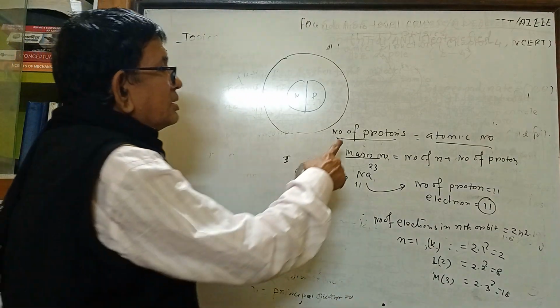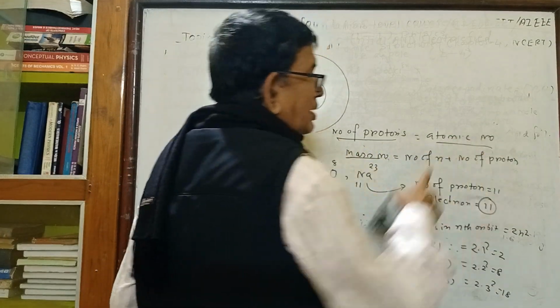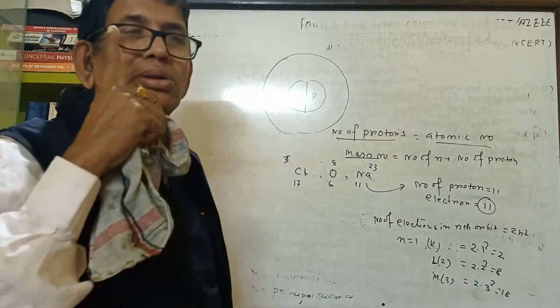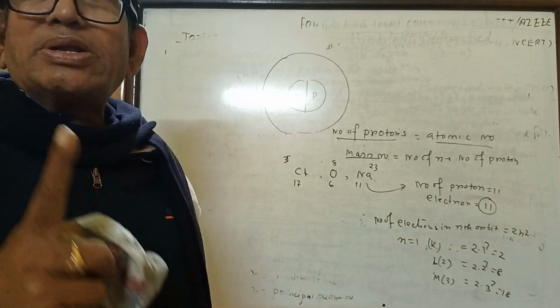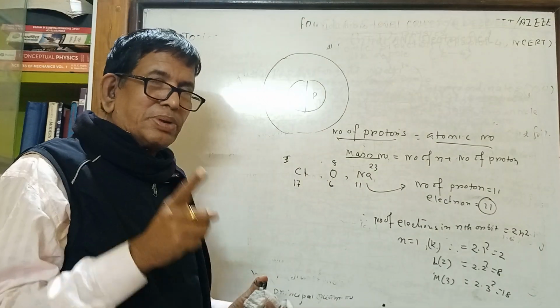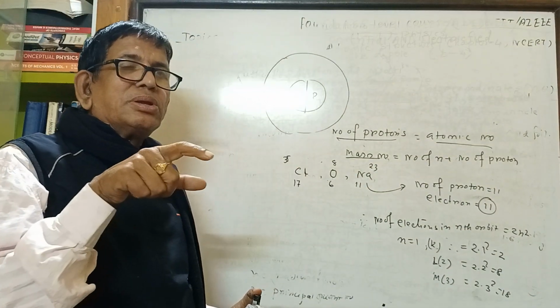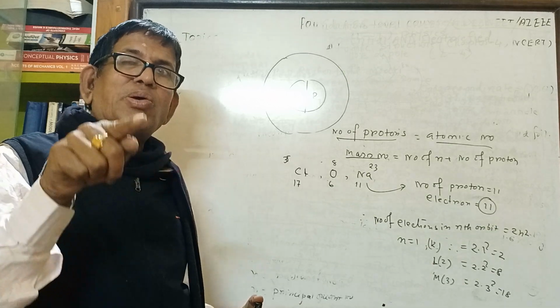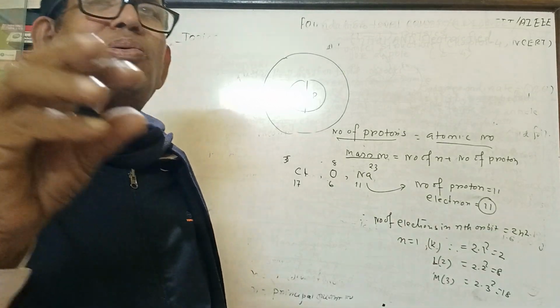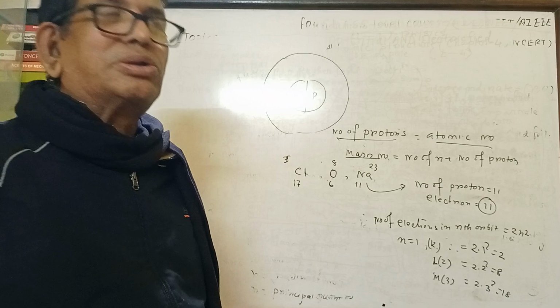Now I am telling you, the number of protons is the atomic number. The atomic number controls the atomic properties of the atom. Always remember, the electronic configuration or atomic number will regulate the chemical properties of the atom.